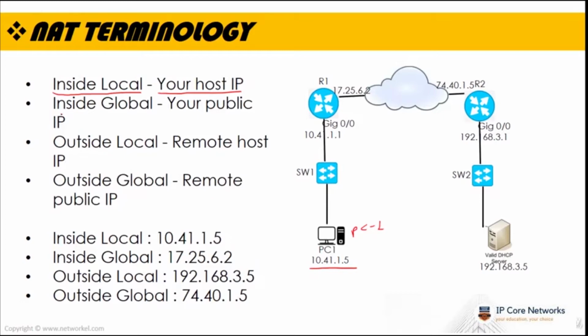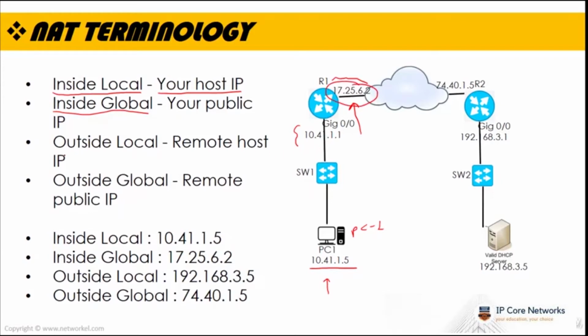Let's go ahead with the inside global. Inside global address means your public IP address. In this example, our inside IP addresses are converted to this public IP address, so our inside global IP address is this.